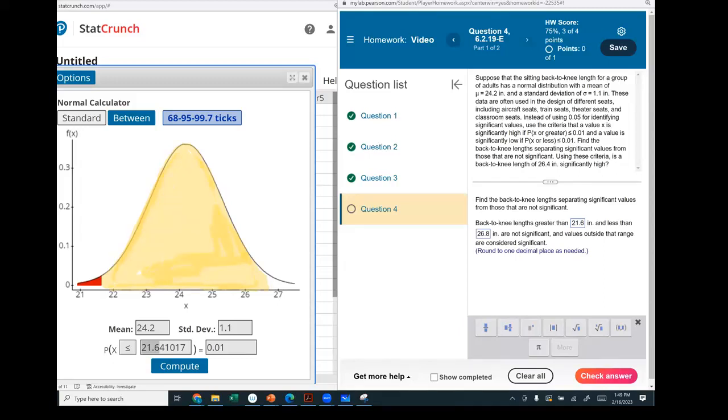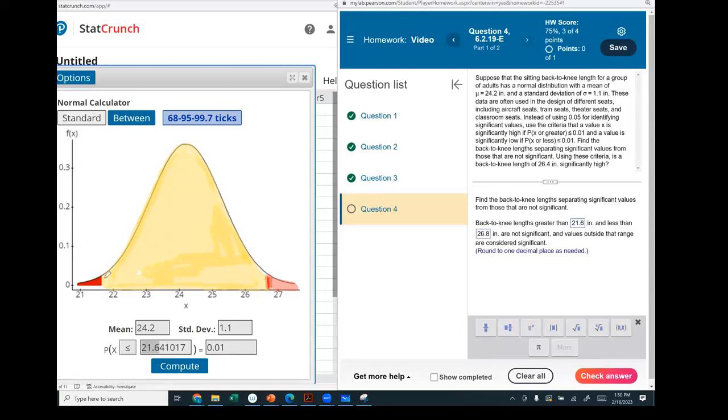From there to approximately here. And in red is the part that I do not want, right? I want the yellow. And that's what this gives me.